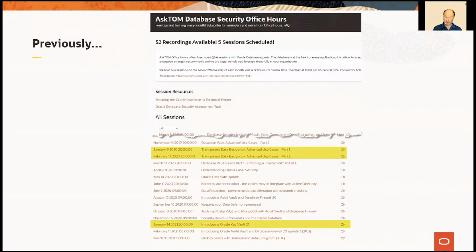A couple of months ago, we did a session on the new version of Key Vault. And key management, of course, is intimately tied to transparent data encryption. But again, we didn't cover the basics. So after several questions from the people who attend office hours, we decided it would be a good idea to cover some of those basics, and that's what we're going to do today.